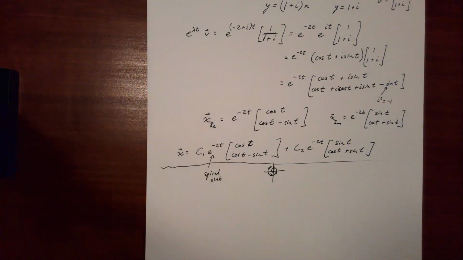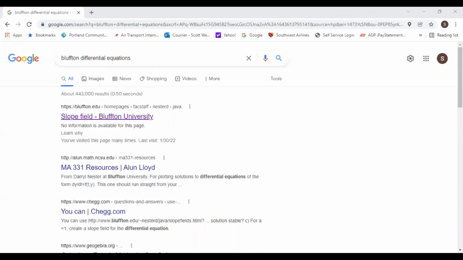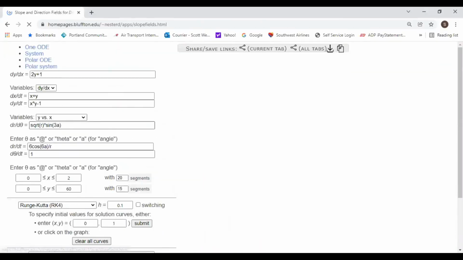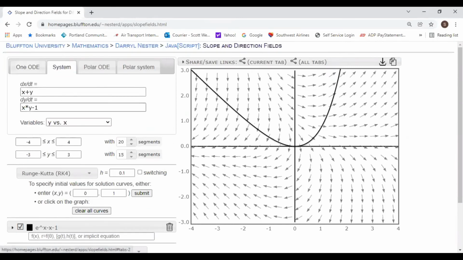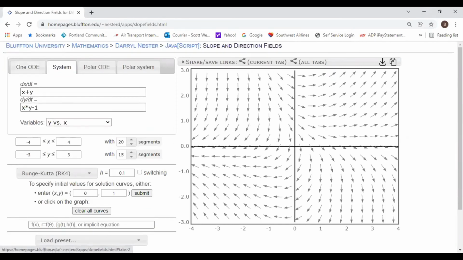All right, well, let's have a look then at what Bluffton has to say about the look of systems such as these. All right, here we are back at our Bluffton. So once again, we are talking about systems here. Let's have a look at what the slope fields look like for the two examples that we just saw.